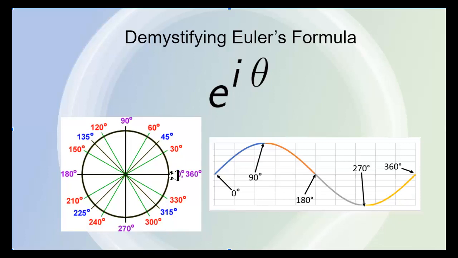And of course, I'm doing this in degrees right now, but for the most part, the scientific community uses radians, and so I will be using radians from now. But you can see the relationship between the circle and the wave, and I will show you a video that shows this a little bit more clearly.